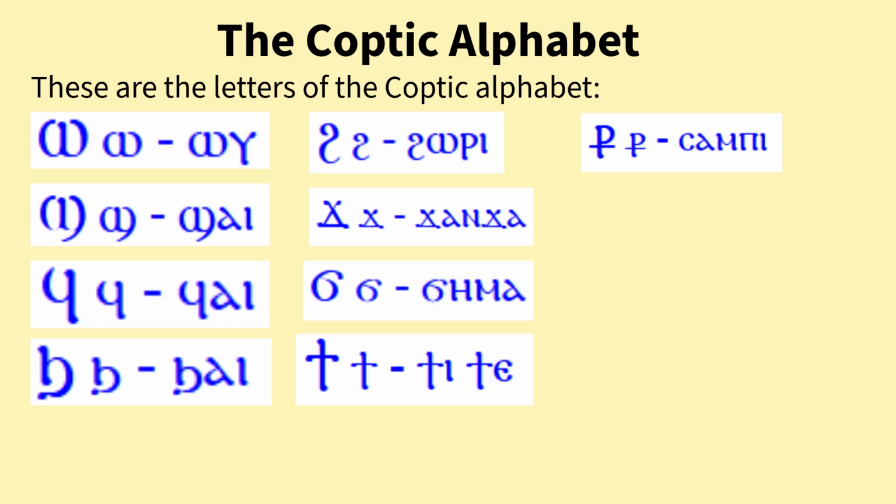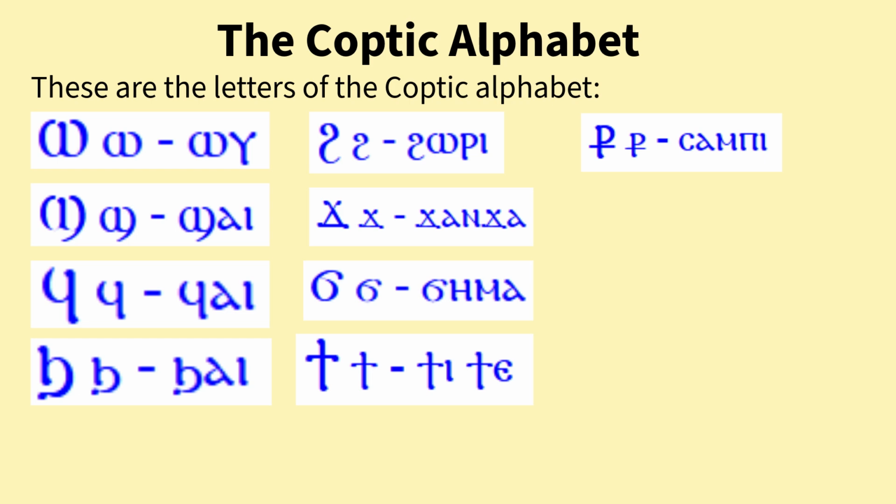So we have O, then we have shai, then we have phi, then we have chai, then we have hori, janja, jama, di, D or de, and finally here sambi, which once again, like the 6th letter of the Coptic alphabet, isn't actually a letter necessarily.